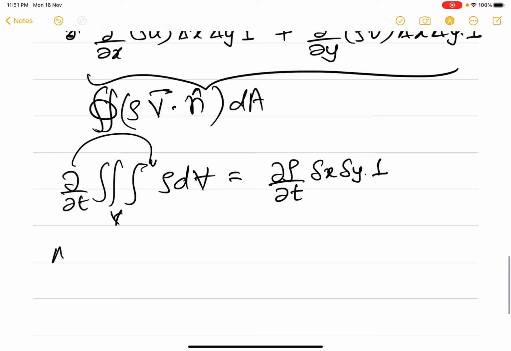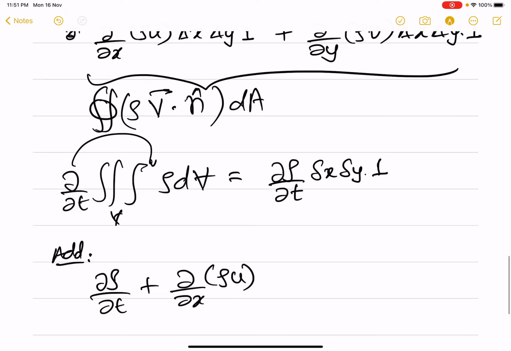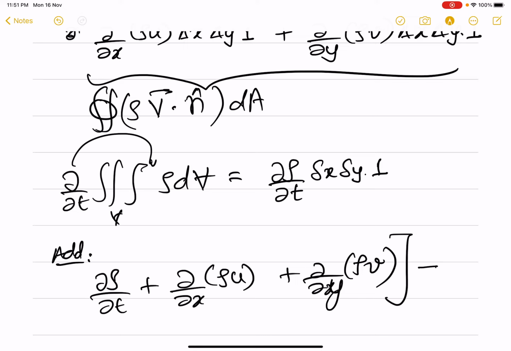And when we add up all these, what we get is partial rho by partial t plus partial by partial x of rho u, plus partial by partial y of rho v. All of these is multiplied by delta x delta y times 1 is equal to 0.